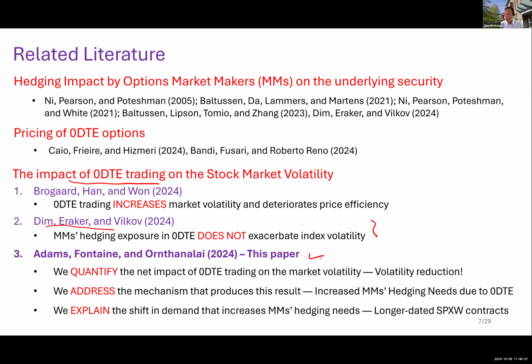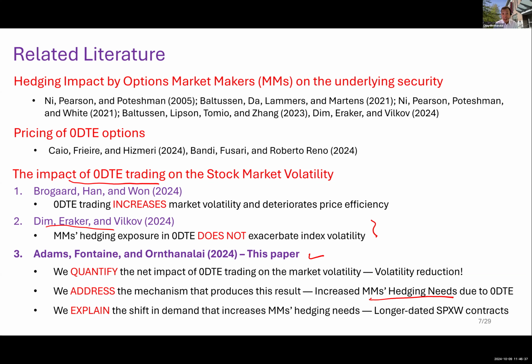This is our paper. What we do differently and contribute is that we quantify the net impact of 0 DTE trading, and the net impact is leading to a reduction of volatility. We also address the economic mechanism that produces this impact. We show that this is coming precisely from market maker hedging needs due to 0 DTE positions and not from non-0 DTE positions.